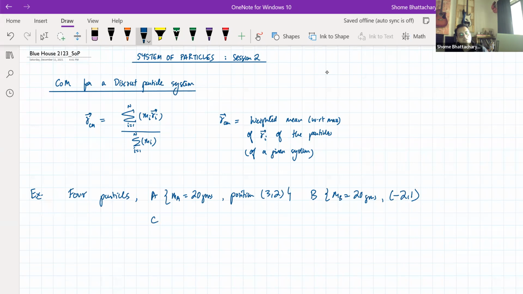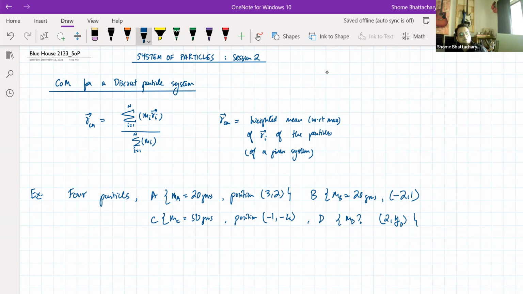This C, which has a mass of 50 grams. D, which has some unknown mass and which is located at some unknown position in terms of the y coordinate.